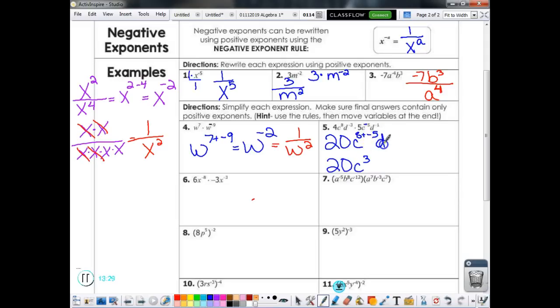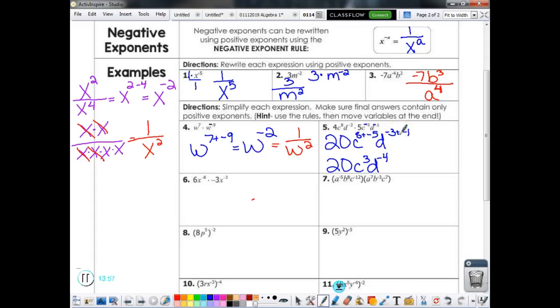And then D, negative 3 plus negative 1. What's negative 3 plus negative 1? Positive 4 or negative 4? Negative 4, right? When they're the same sign, you add them together and you keep the sign. So 3 plus 1 is 4. And they're both negative, so it's negative 4.